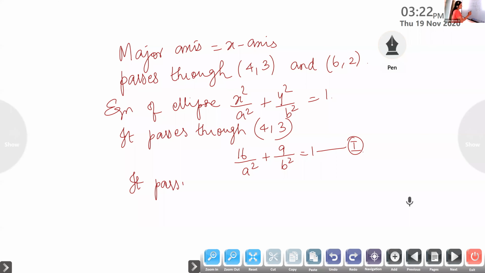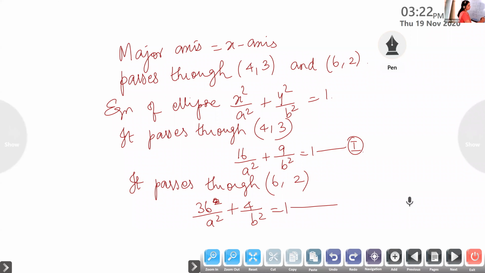The ellipse passes through the point 6, 2. So when you substitute, 6 square by a square, that is 36 by a square plus 4 by b square is equal to 1. This is Roman letter 2.